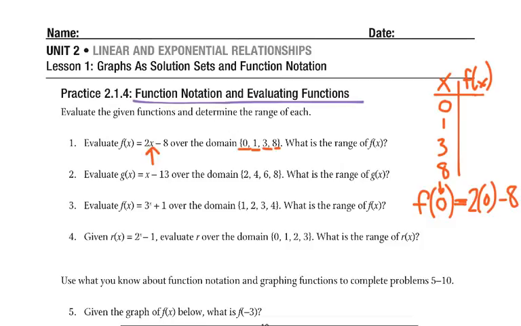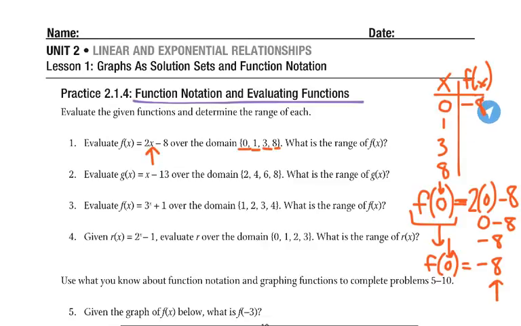Then this part represents the output when the input is 0. We don't deal with that anymore, and we save that till the end. Then 2 times 0 is 0, 0 minus 8 is negative 8, so that's my output. An input of 0 gives me an output of negative 8.